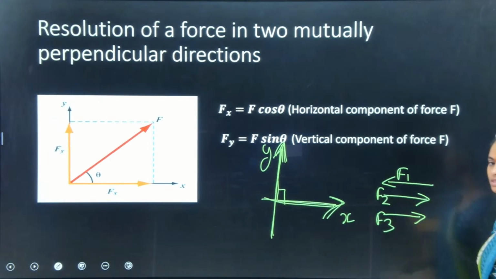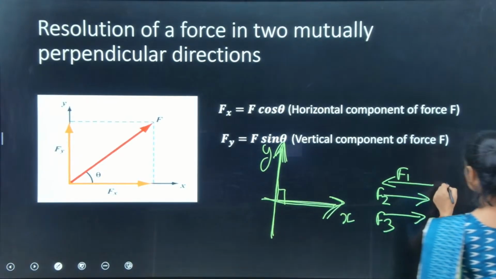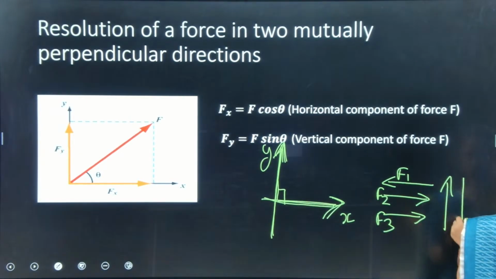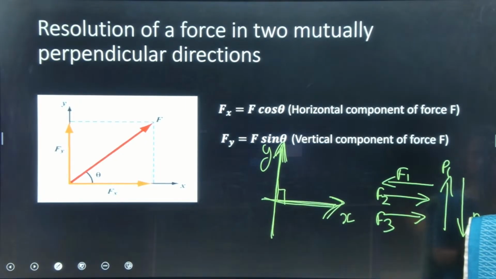These three forces are along the horizontal axis or x-axis, right? We may find some forces, suppose this is P1 and P2. These forces P1 and P2 are acting along the y-axis.